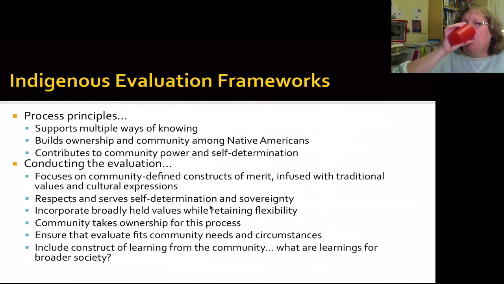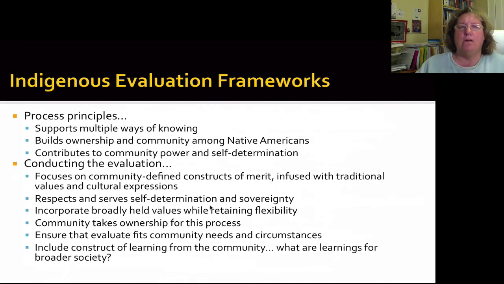It's also about ensuring that the work itself is owned by the community, by Native Americans in this context. And we usually use evaluation in the community as a way for the community to self-define.